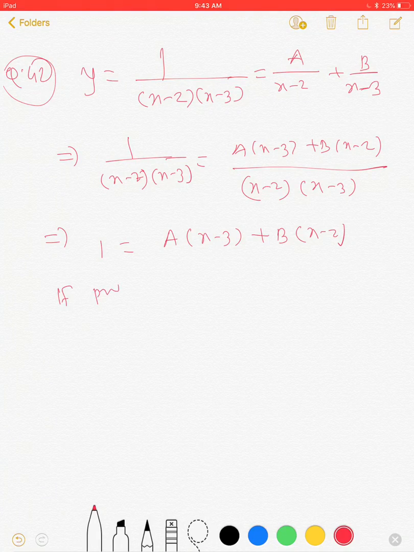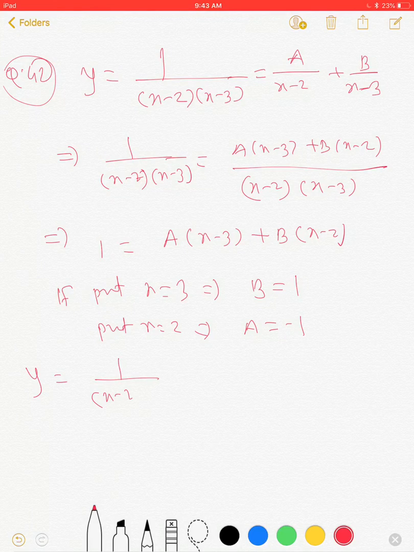If we put x is equal to 3, then we will get b is equal to 1. If we put x is equal to 2, we will get a is equal to minus 1. So y is equal to 1 upon x minus 2 into x minus 3 can be written as minus 1 upon x minus 2 plus 1 upon x minus 3.